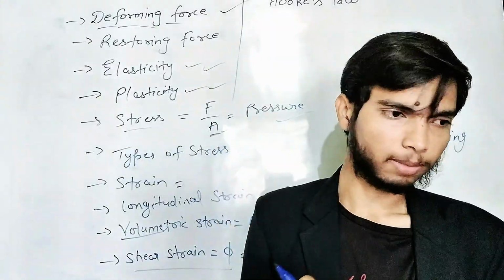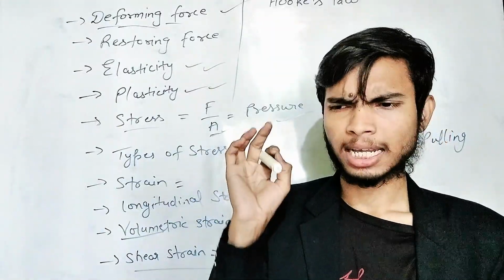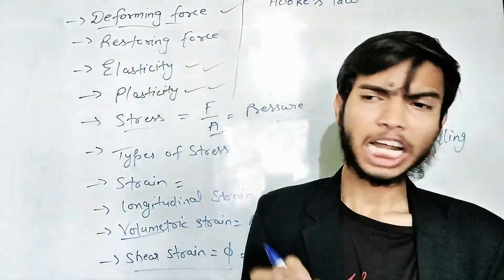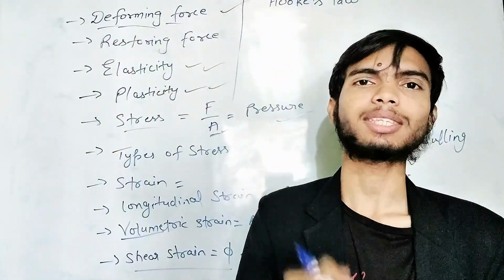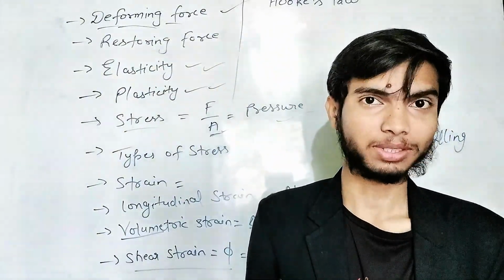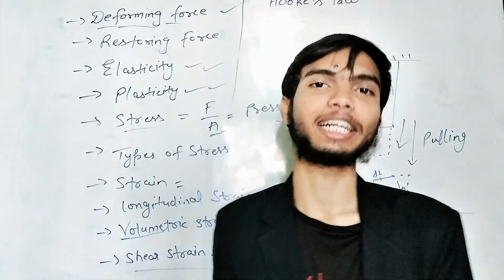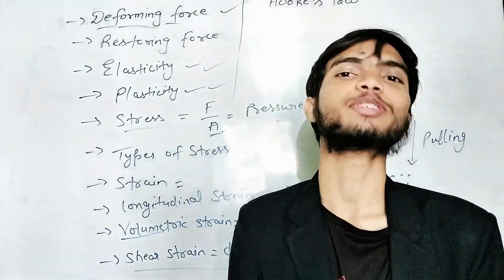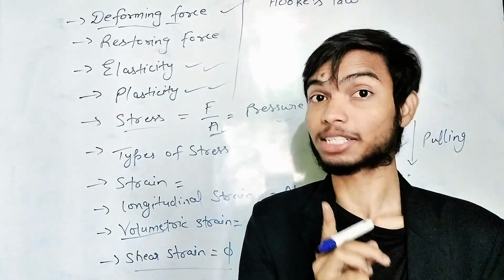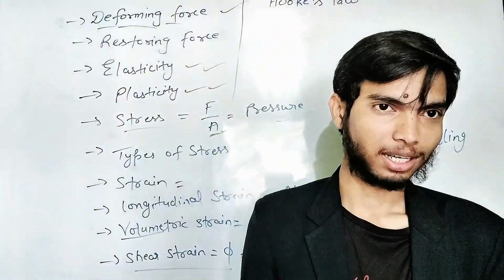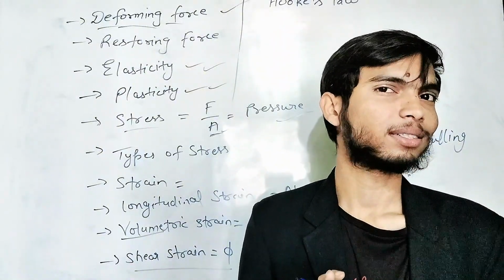So let me come to the statement of this person. It explained that according to this law, the stress produced in the body is directly proportional to the strain produced in the body. Are you able to understand?